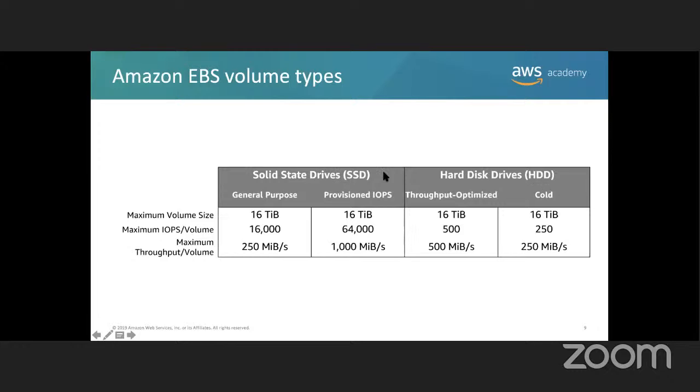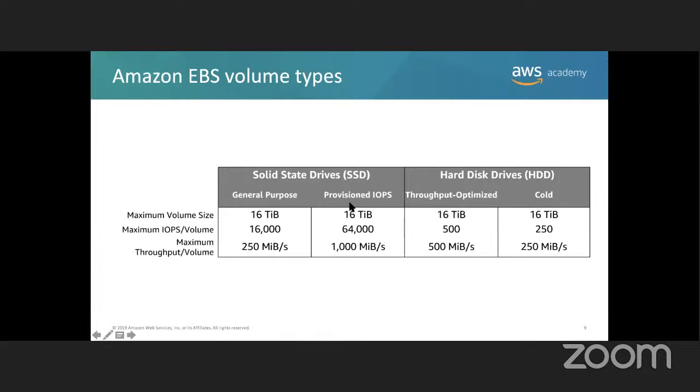Now, you have to know the different types that you can find in the disk categories. We have 2 categories and 4 types. So we have general purpose, also known as GP2, provisioned IOPS, throughput optimized, and cold.